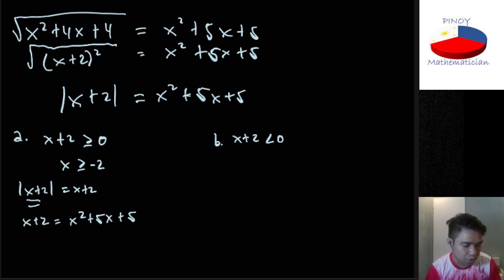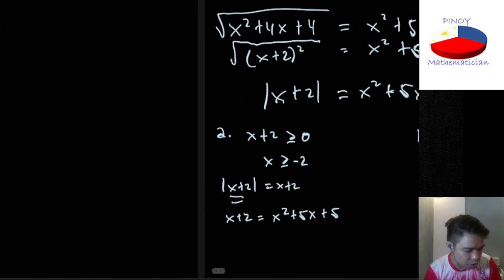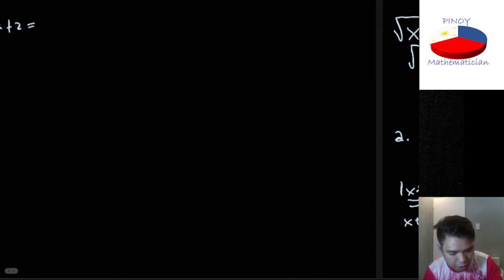I don't have enough space, so I'm going to move to another slide. x plus 2 equals x squared plus 5x plus 5.